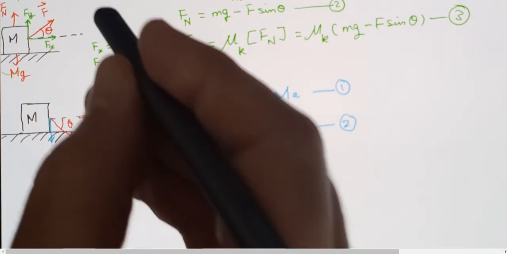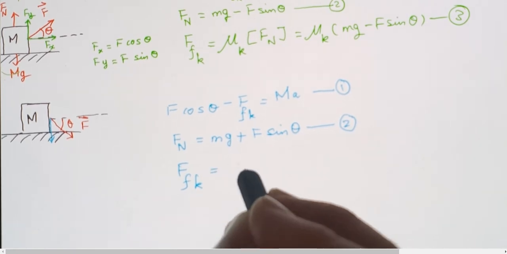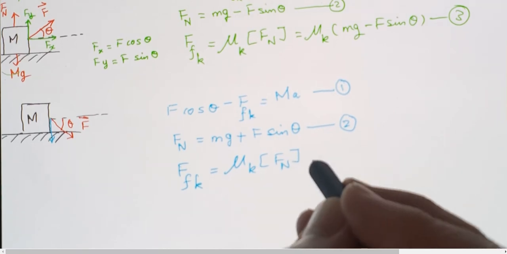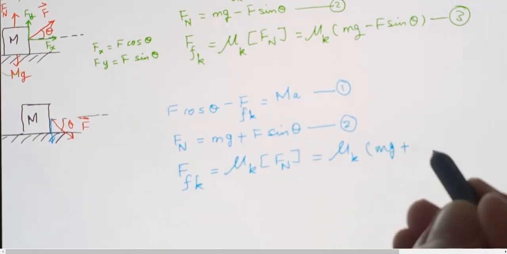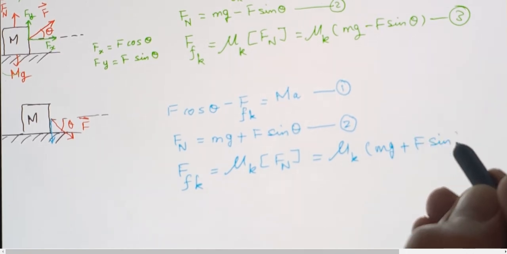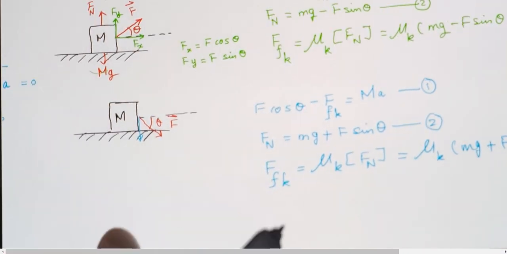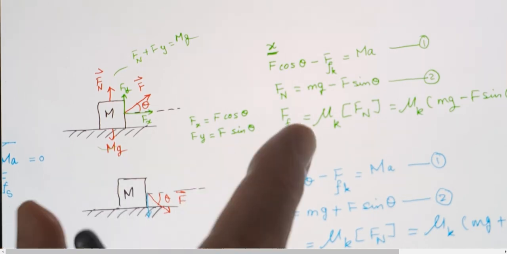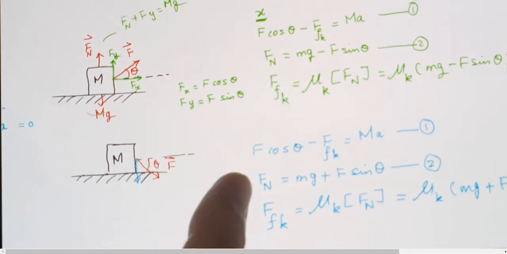The third equation is the same. Mu k multiplied by the normal force, but now it is mu k multiplied by mg plus F sine theta. So again, applying the same force on the same object, if it is pointing down, it will give you a different result than if it is pointing up.